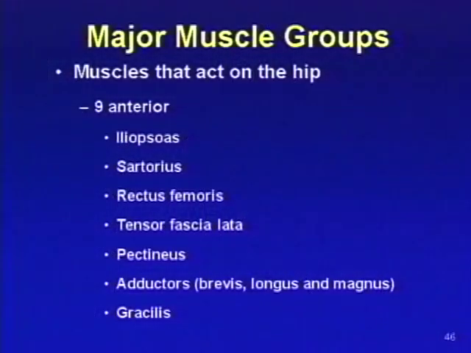At this time, we're ready to talk about the muscles that act on the hip. We'll start by looking at 9 anterior muscles. Those muscles include the iliopsoas, the sartorius, the rectus femoris, the tensor fasciae lata, the pectineus, the adductors, including the longus, brevis, and magnus, as well as the gracilis.